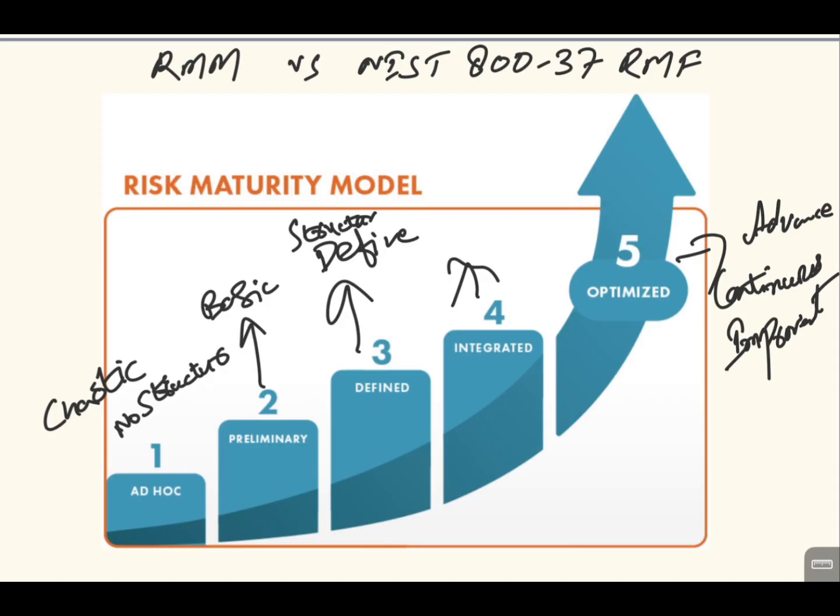Again, RMM helps an organization assess its overall risk management maturity, right? That particular organization is mature enough to handle any kind of risk. RMF is an operational framework that ensures security risks are managed effectively at the system level. So it covers the nitty-gritty details.